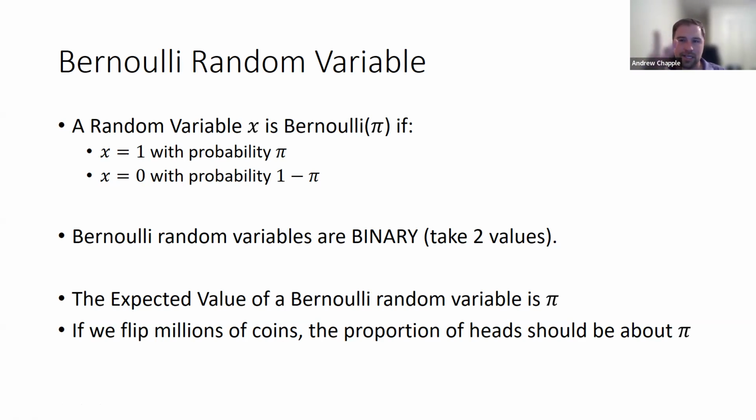This goes to that. It can only take 2 values, 1 or 0. The expected value of a Bernoulli random variable is pi. And if we flip millions of coins, the proportion of heads should be about pi. So if I keep flipping this over and over again and count the percentage of heads, it should get close to about 50%.